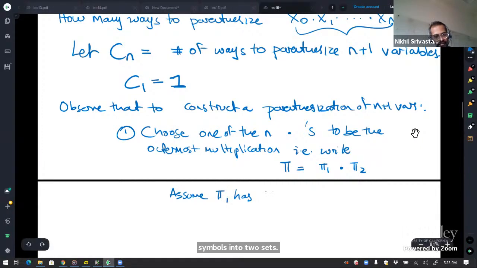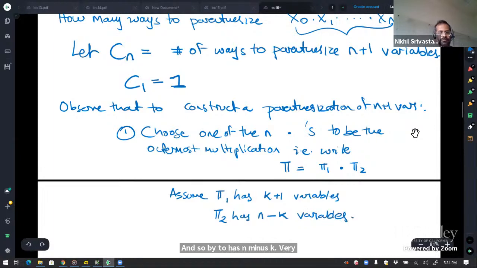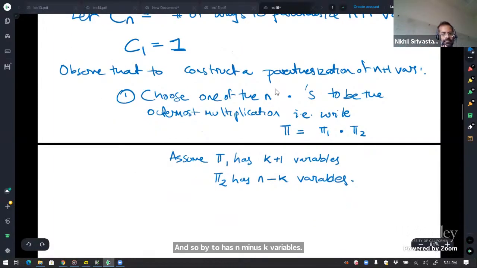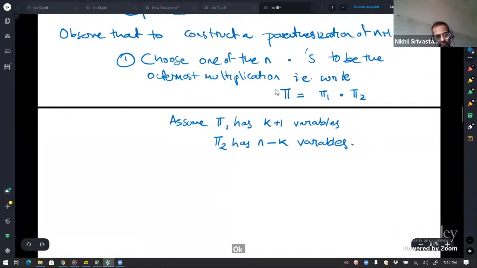So assume pi1 has k plus 1 variables, and assume pi2 has n minus k variables. Okay, so once you've done this, how are you going to choose the rest of the parenthesization?